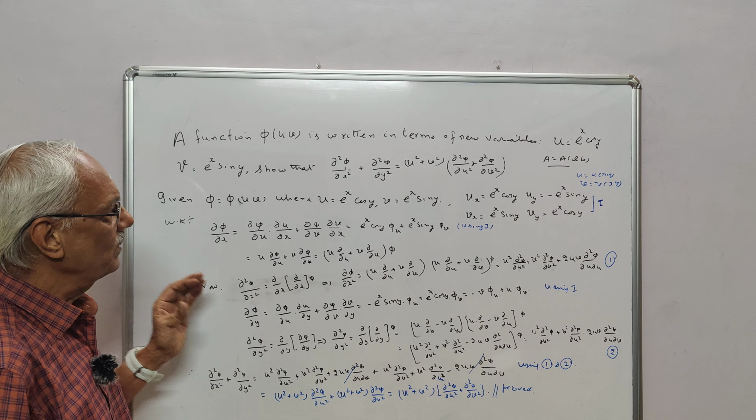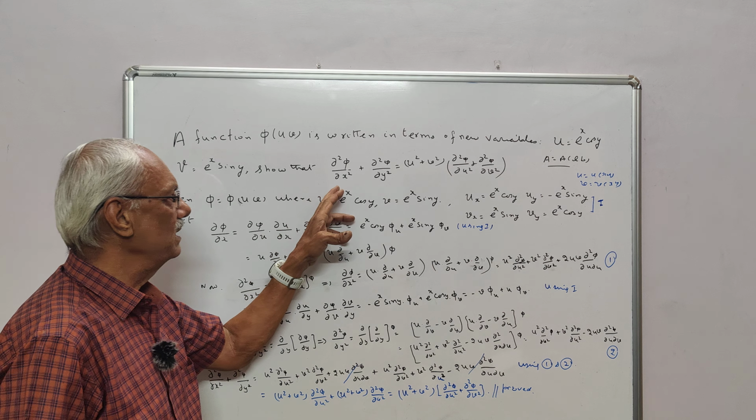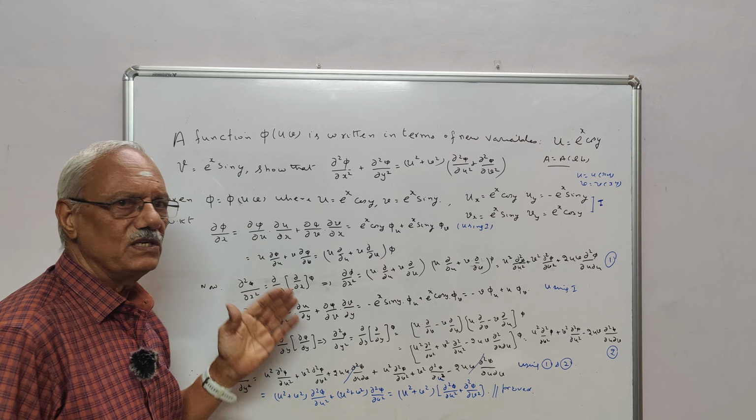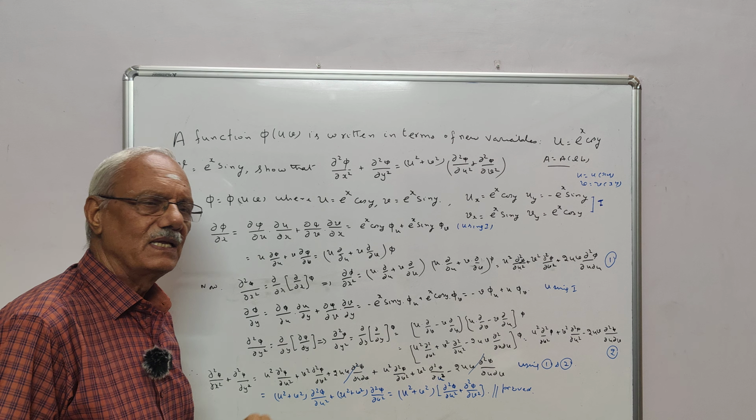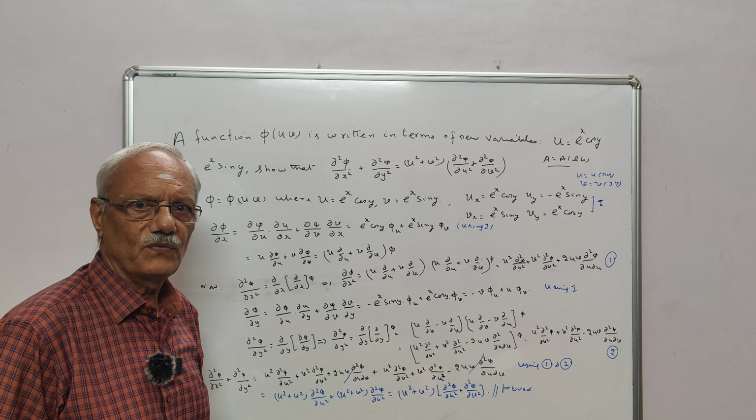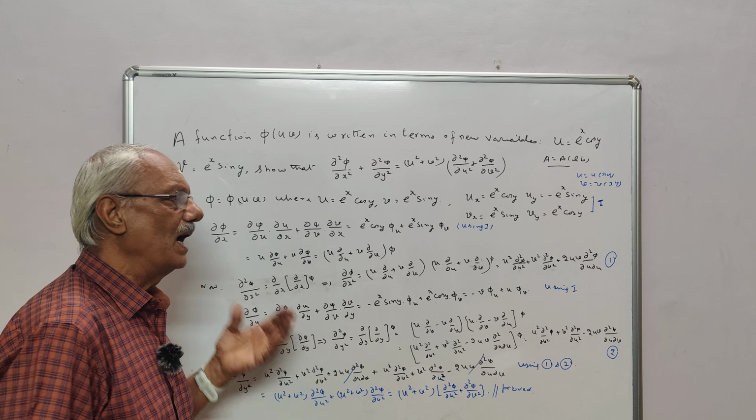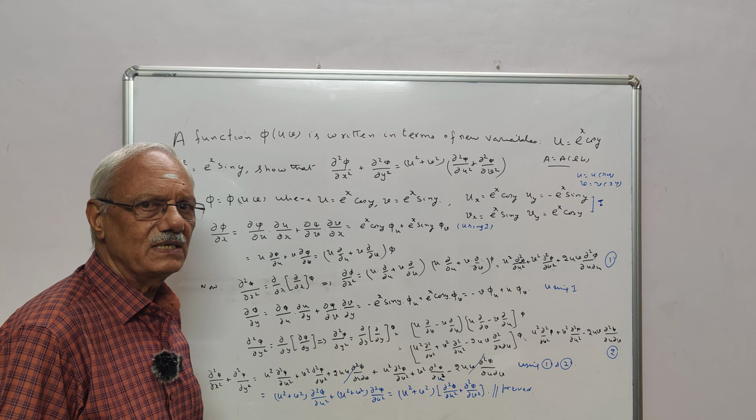What we have to prove here is, take the first derivative of phi with respect to x, then the second derivative of phi with respect to x, and find the result.